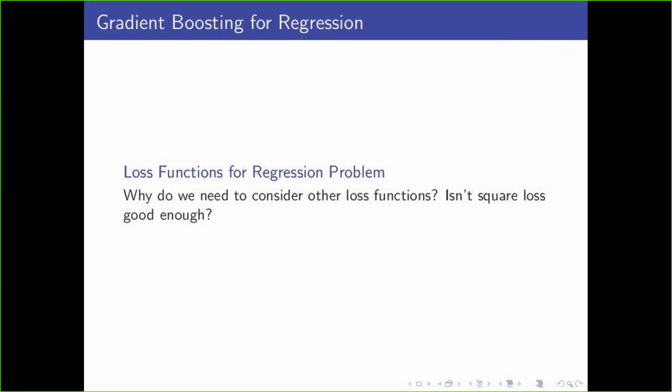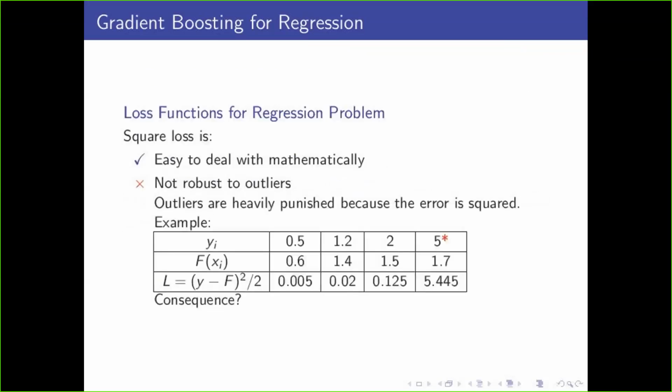The problem with the squared loss is that it is not robust to outlier points. It is easy to deal with mathematically, but it is not robust to outlier points. What do we mean by that? See this example here. If yi is 0.5 and f of xi is 0.6, the squared loss, which is y minus f whole square by 2, adds a penalty of 0.005.